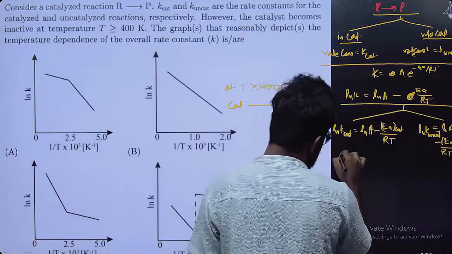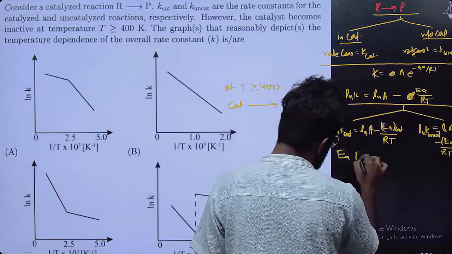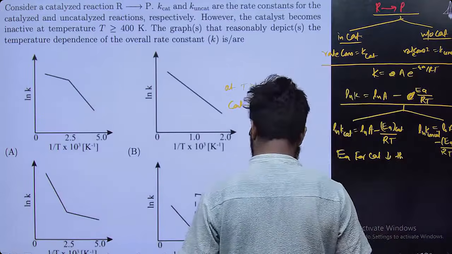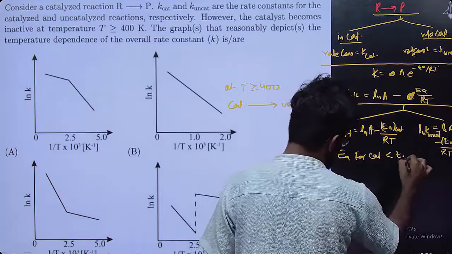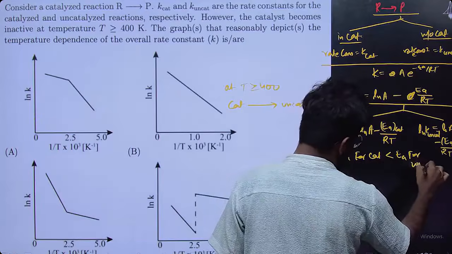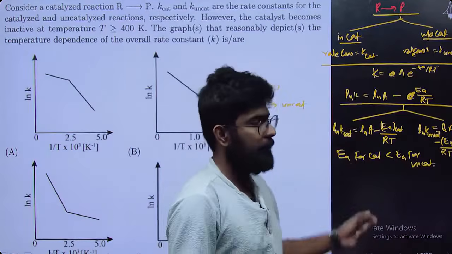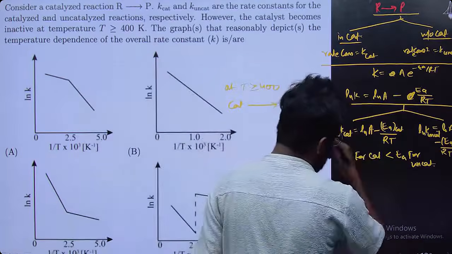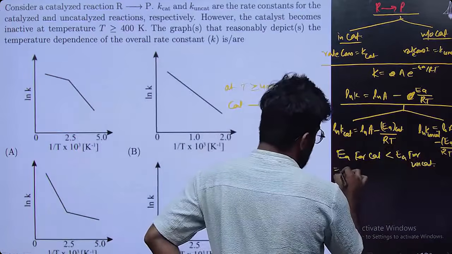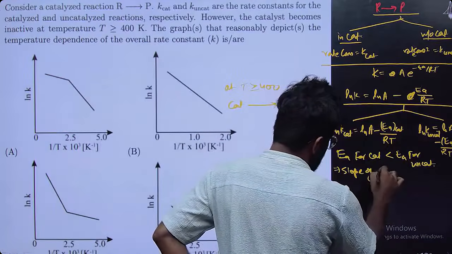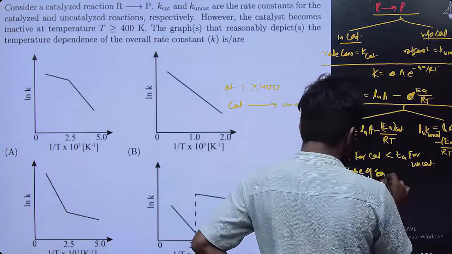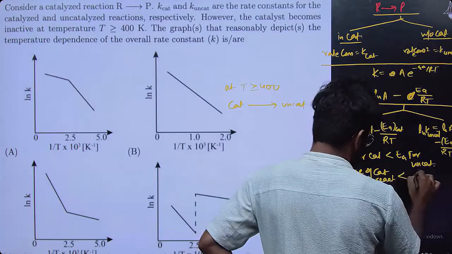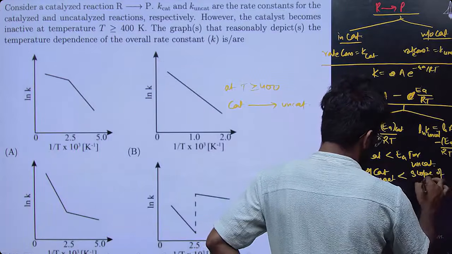Now we know that EA for catalyzed is less than EA for uncatalyzed, because obviously the main purpose of a catalyst is to reduce the activation energy. So EA catalyzed is less than EA uncatalyzed. It means that the slope of the catalyzed reaction is less than the slope of the uncatalyzed reaction.